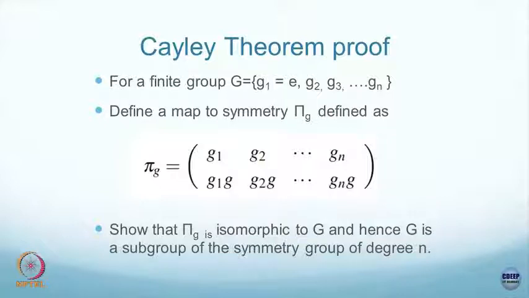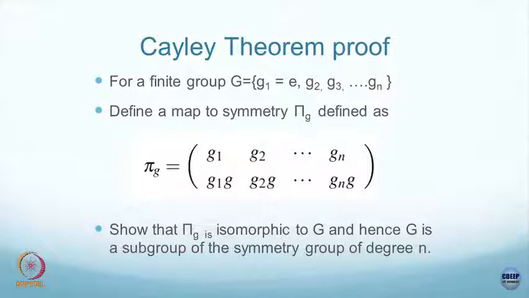If you multiply G1 with G, you will get some element which belongs to the same set, you all agree, right? That is the definition of the group. So, I am defining pi G to be G1 times G, G2 times G and so on.